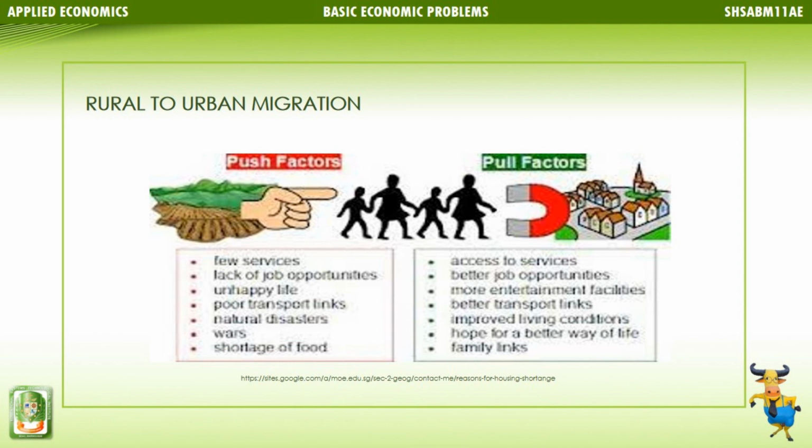The pull factors of rural migration: access to services, better job opportunities, more entertainment facilities, better transport links, improved living conditions, hope for a better way of life, and family links.